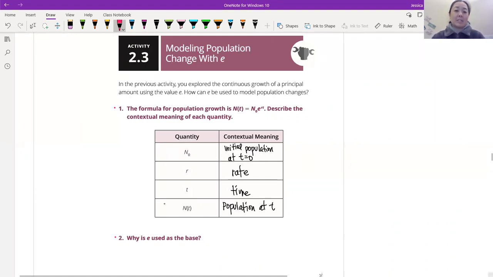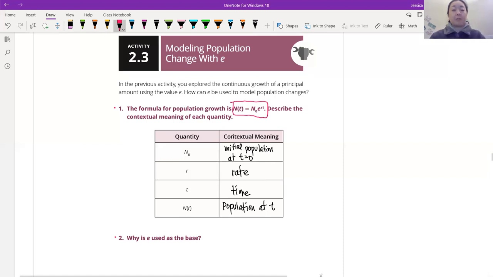So it's continuous. Here's our formula right here. N0 is our initial population. Why they use N? Good question. I don't know. But that's our initial population at t equals 0. So at time 0, this is our initial point, our start time, whatever time that is.